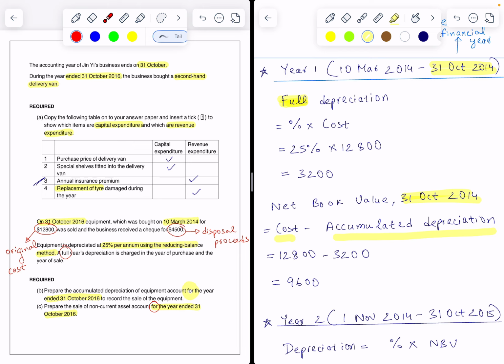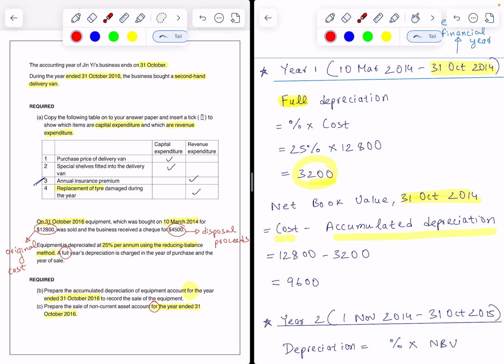Since we are finding the net book value at the end of year 1, the only accumulated depreciation is the depreciation expense of $3,200, which we have derived for the first year. So the cost of $12,800 minus the accumulated depreciation of $3,200 gives us a net book value of $9,600 at 31st of October 2014. Now we're moving to year 2.